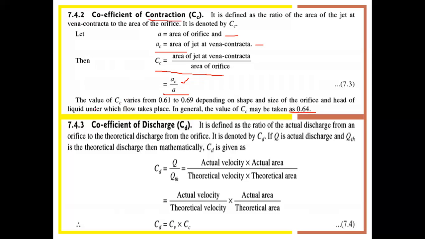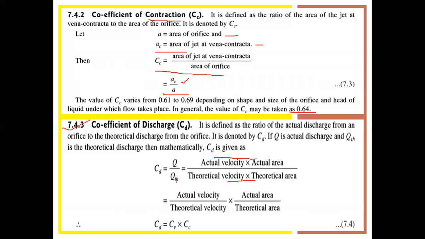Next, the third one is the coefficient of discharge. First, coefficient of velocity, coefficient of contraction, coefficient of discharge. CD is defined as the ratio of actual discharge from an orifice to the theoretical discharge from the orifice. Therefore, CD is equal to actual velocity into actual area divided by theoretical velocity into theoretical area.